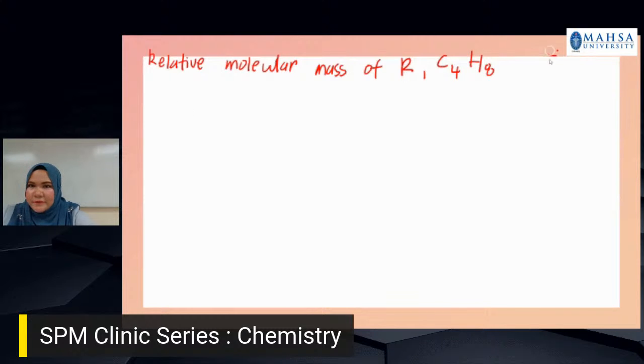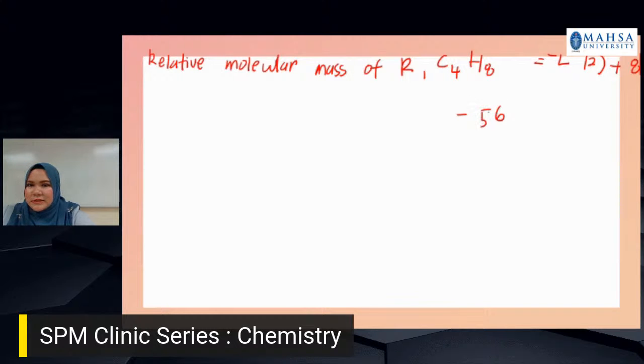It will be 4, because you have 4 atoms of carbon, times 12, the atomic mass for carbon, plus 8 atoms of hydrogen, times 1, the atomic mass. So in total it will be 56.